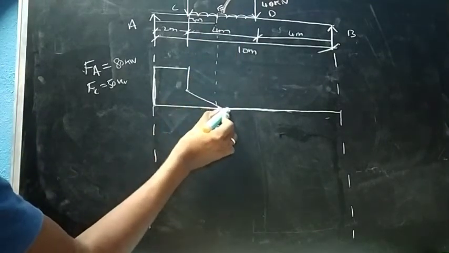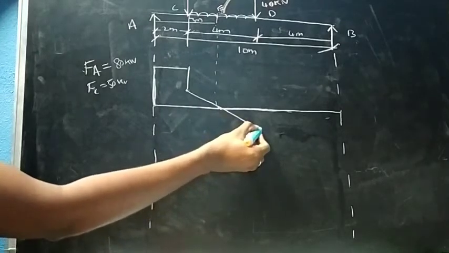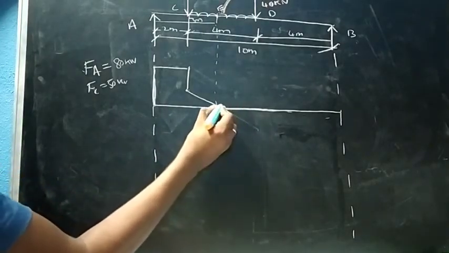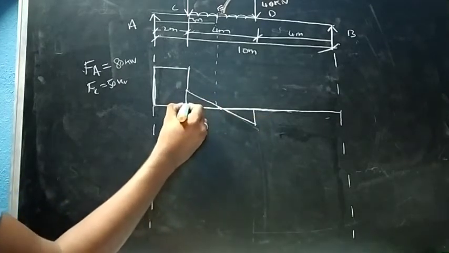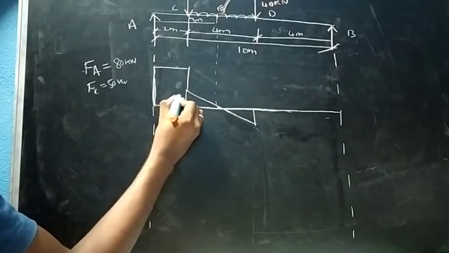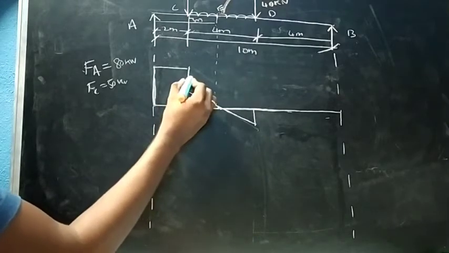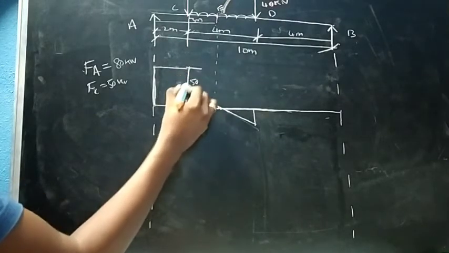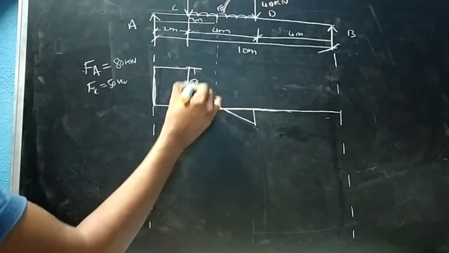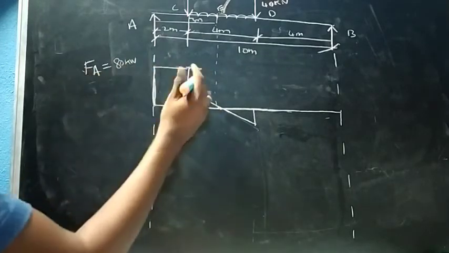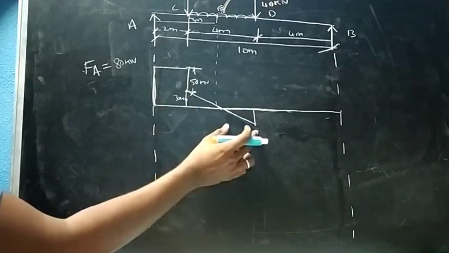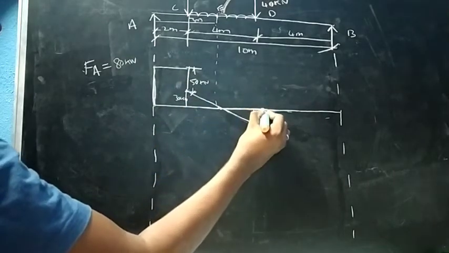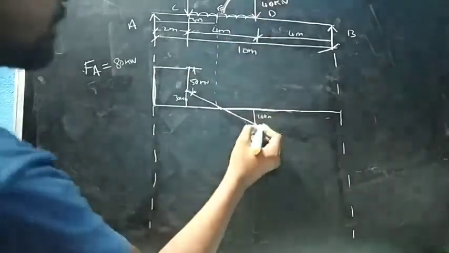it will change the sign to minus 10. So this height will be from 30 kilonewton, this is 50, right, 50 kilonewton, 30 kilonewton, so dropping to 10 kilonewton at D, right.